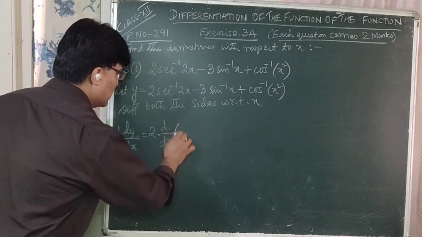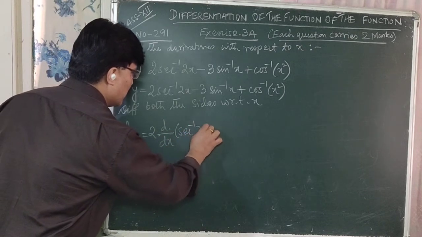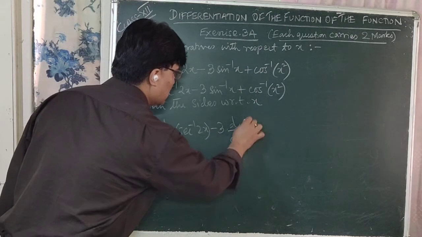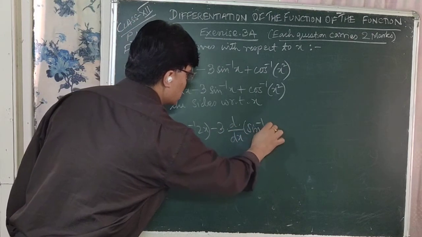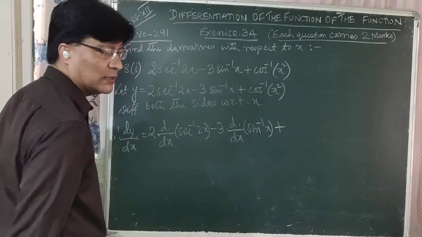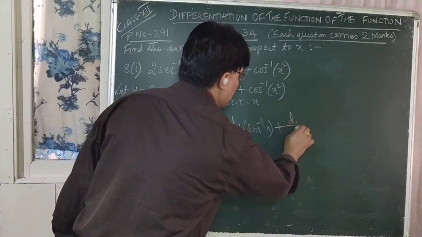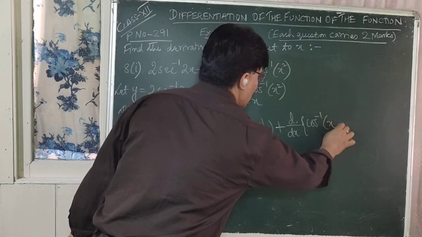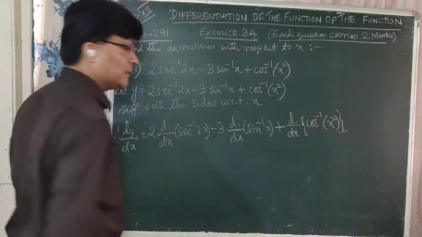So dy by dx of sec inverse 2x minus 3 into dy by dx of sine inverse x plus, next, it is dy by dx of within second bracket, cos inverse x square.